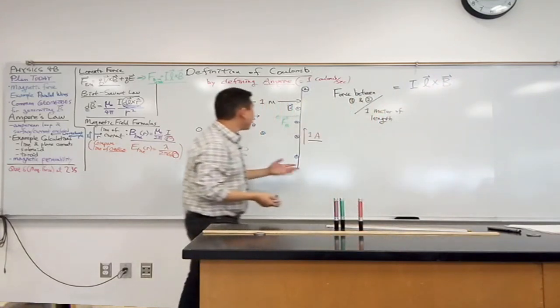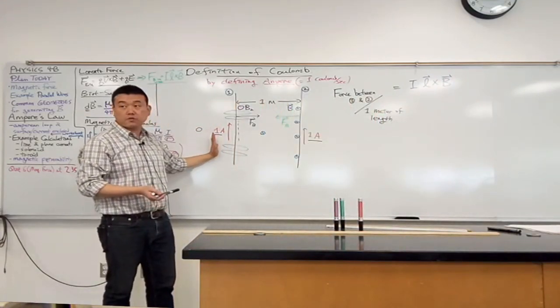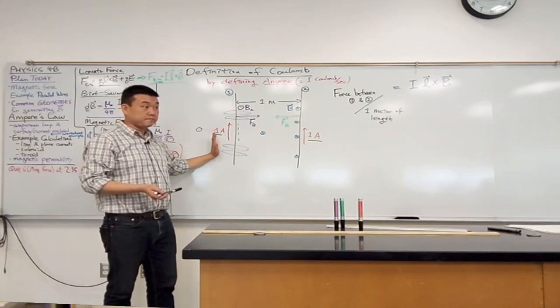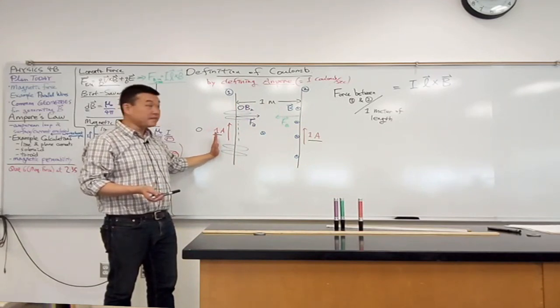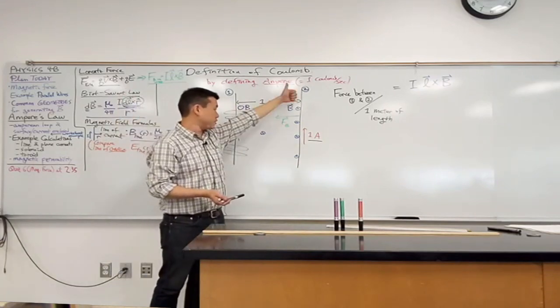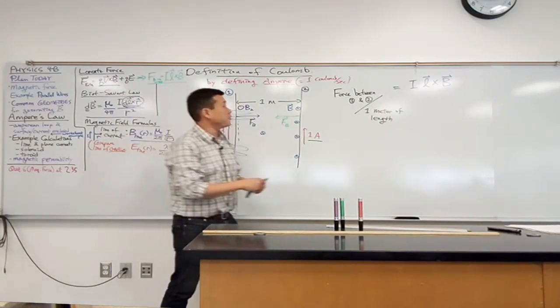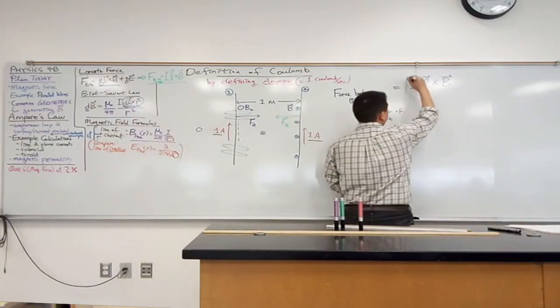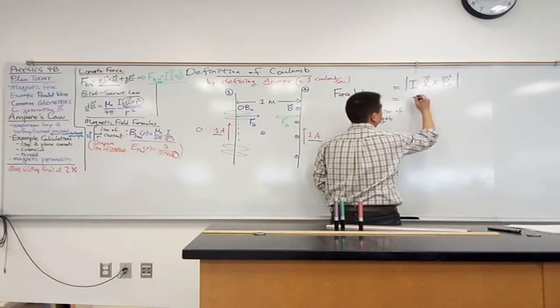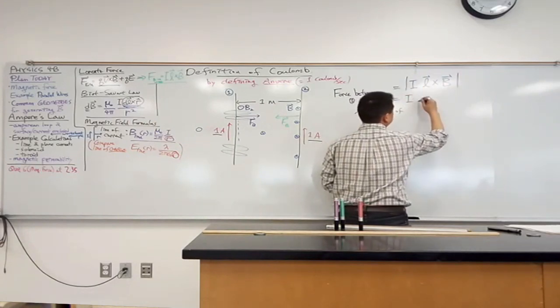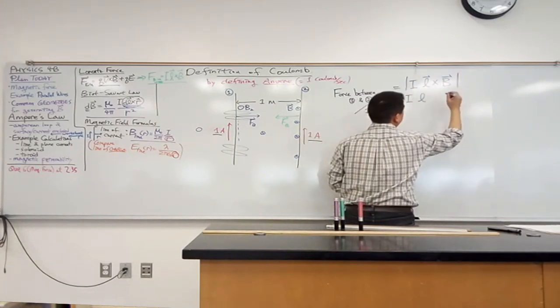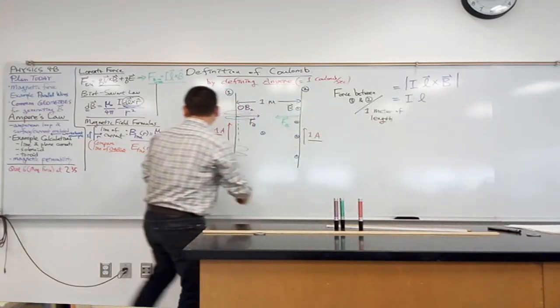Anybody here know what the sine theta in this particular geometry will be? 1, right? Theta is 90 degrees. The current goes this way, magnetic field is 90 degrees to it. So, all right, if we are looking at the magnitude, this is simply going to be current times the length times the magnetic field, which we derived over here.